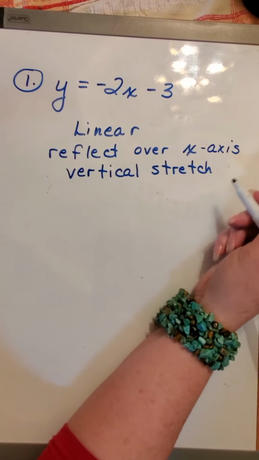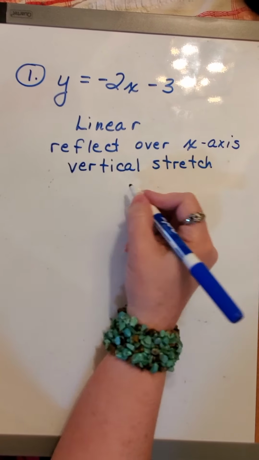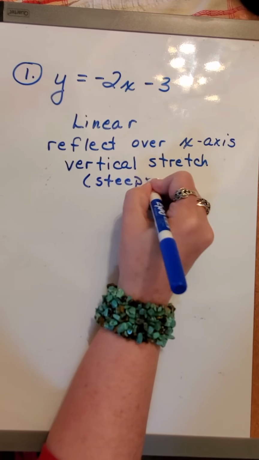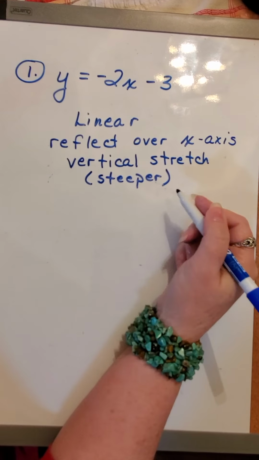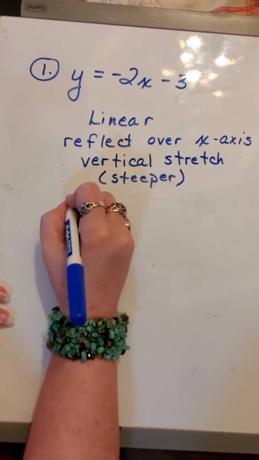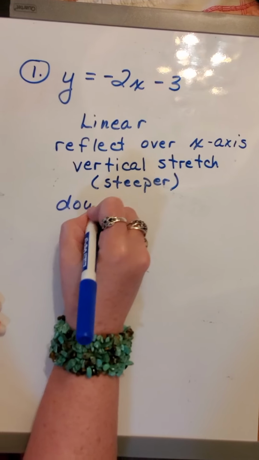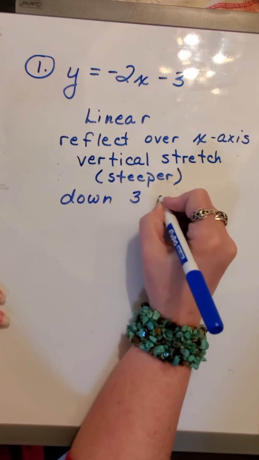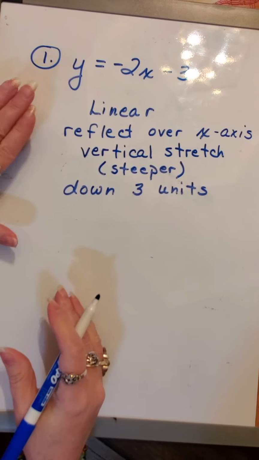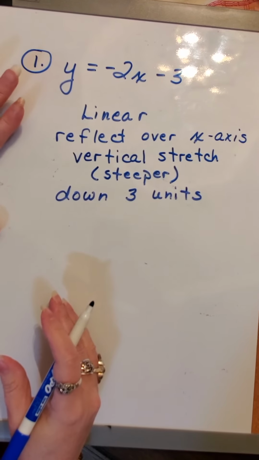And if we were talking about it in terms of a straight line, it would be steeper. Okay, and then the -3 at the end would shift it down 3 units. Okay, so that's what would be required for number 1.